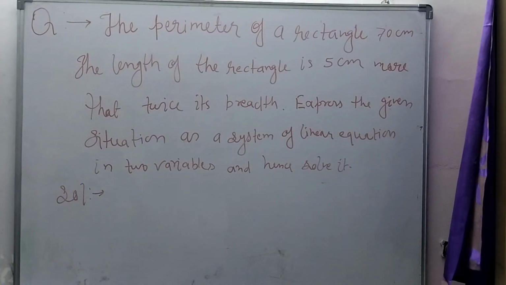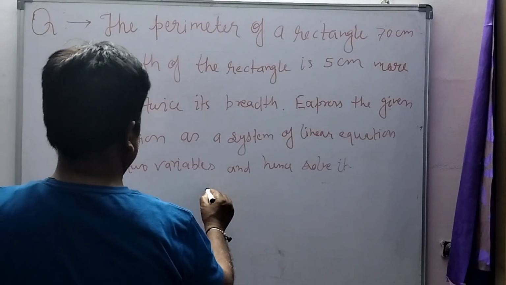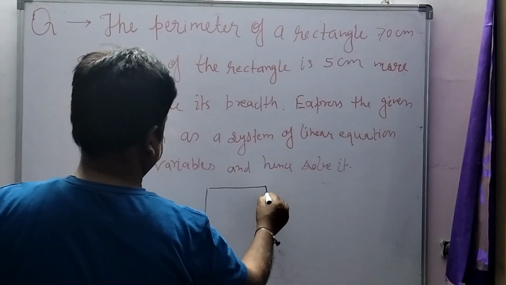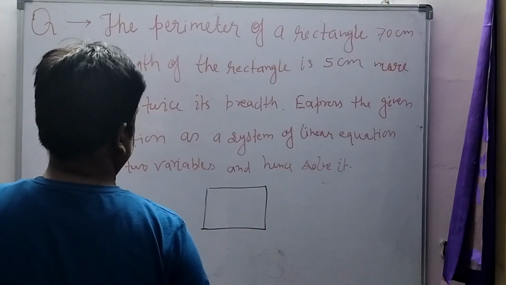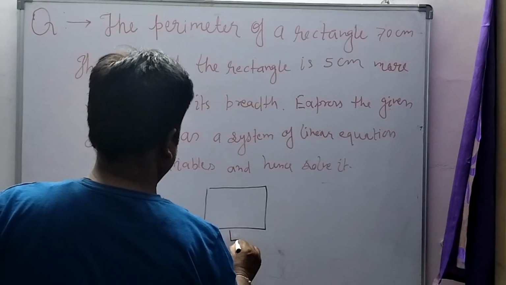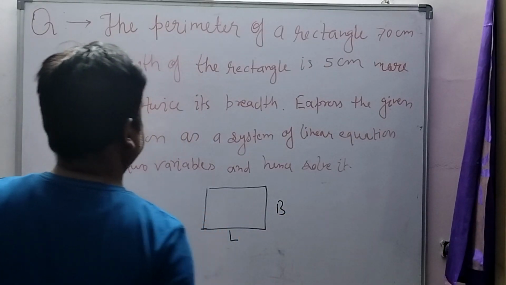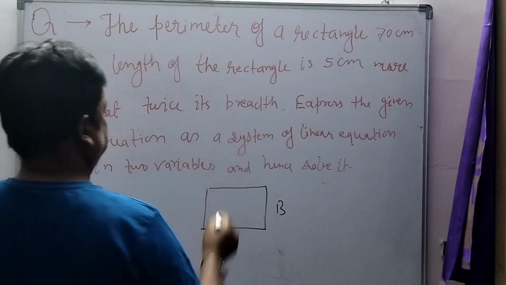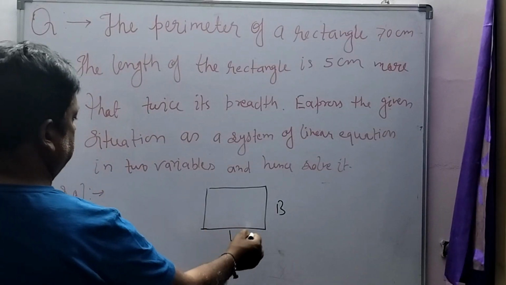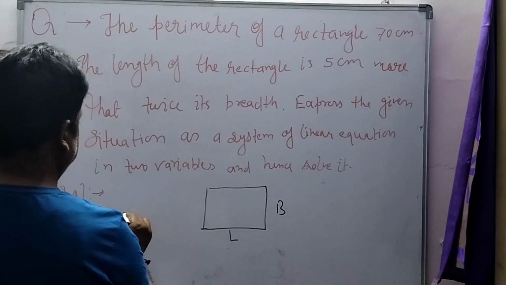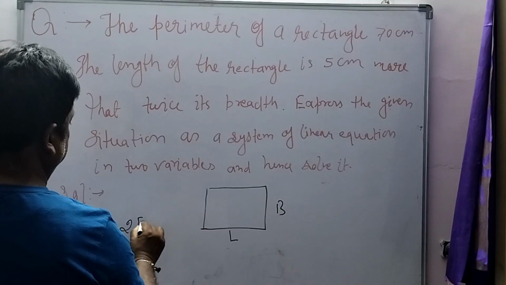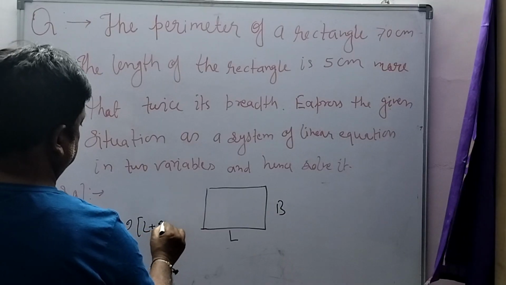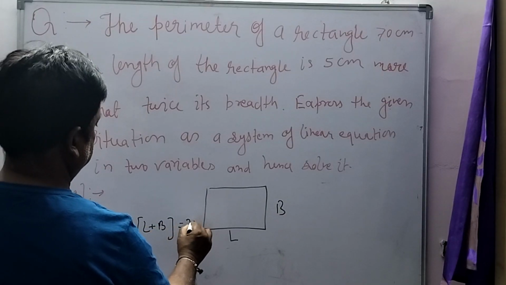Then we should find, rectangle means this type of figure. Suppose this is L and this is B. What is given? Perimeter of rectangle means length plus length, breadth plus breadth, 2 into L plus B, given 70 centimeter.